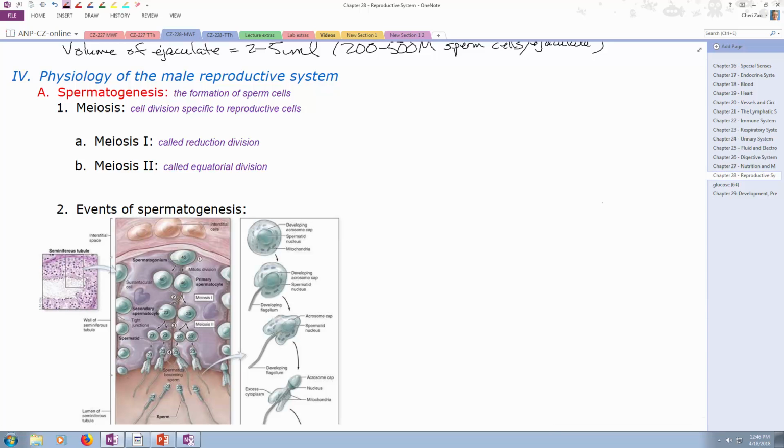With spermatogenesis, like oogenesis, formation of the gamete, which for the male is the sperm cells, is a meiotic process. Remember, meiosis is cell division done only by our reproductive cells, because meiosis decreases our chromosome number in half to form the gametes.